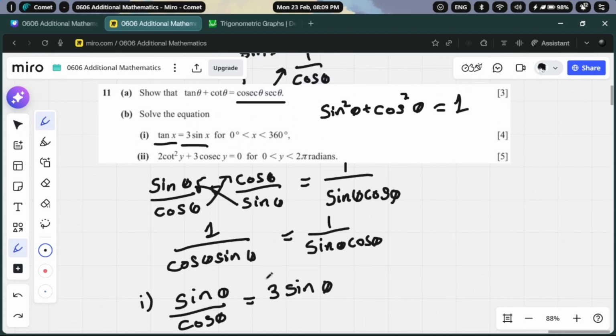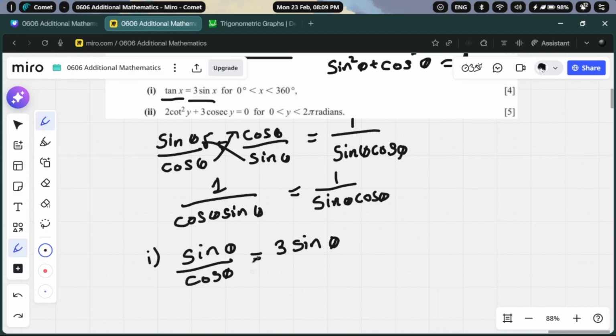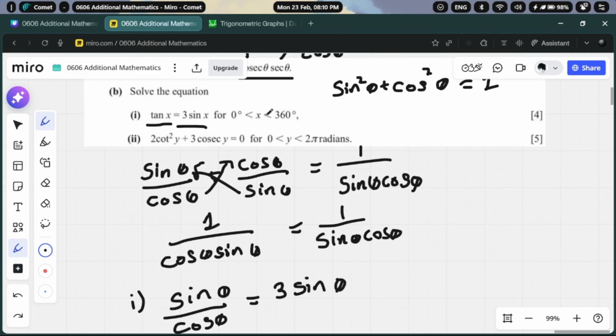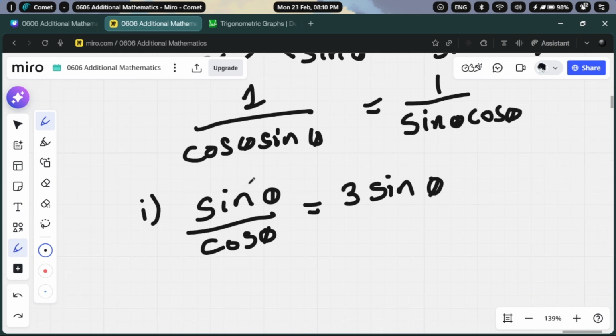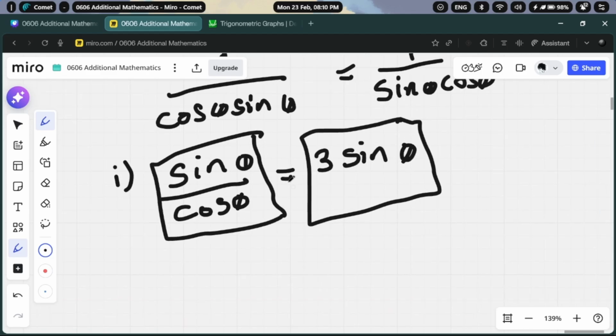Now, you're told to solve this equation. You're told that x is greater than 0, x is less than 360. Now, first of all, let's think about the sine theta part first. This is one entire term, and this is one entire term. When would these two terms be equal to each other?